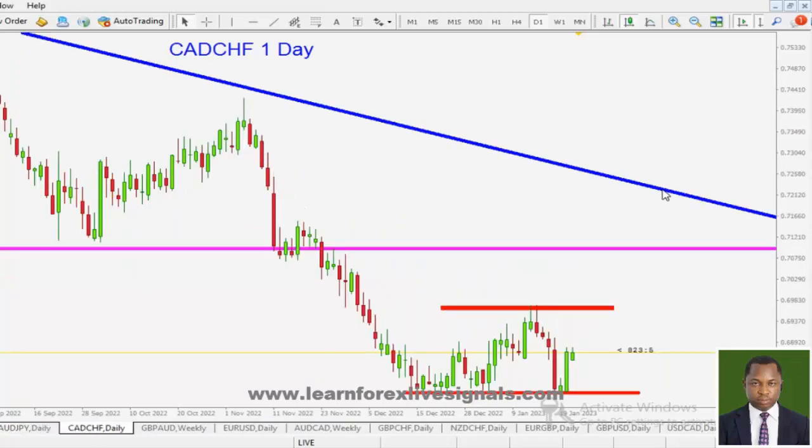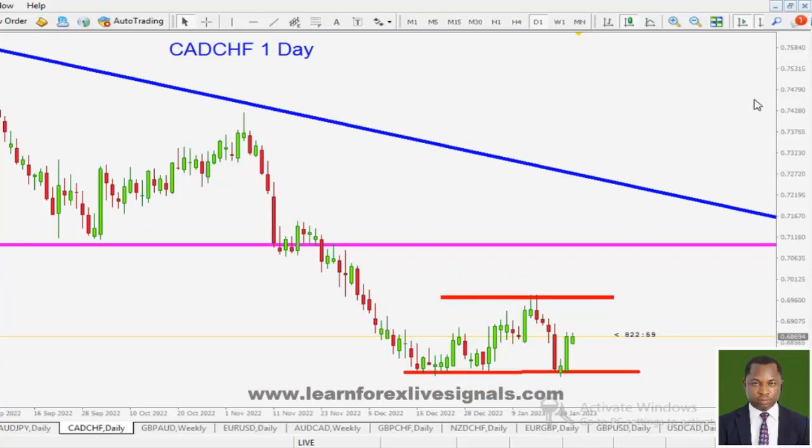The Canadian dollar against the Swiss franc. Well, last week we thought price was actually going to continue to the upside, but that didn't happen. In fact, price came down. The market movers know exactly what they are doing, probably to take out all stop losses, then begin to drive price again on its merry way to the upside.